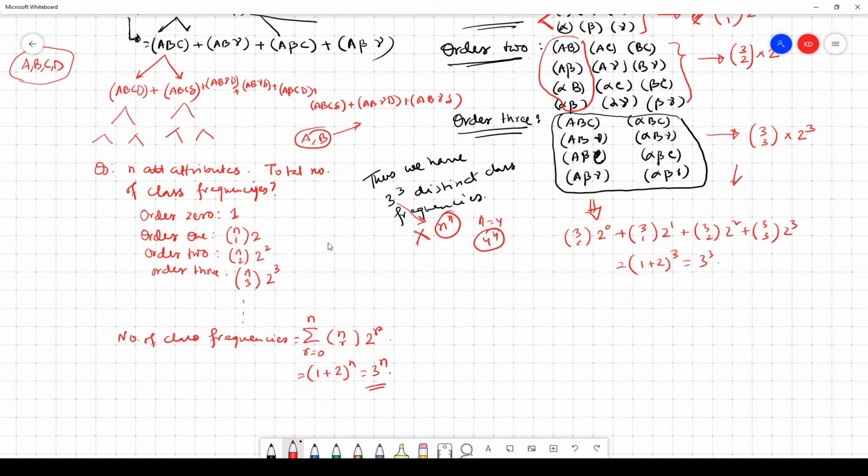Summation. This is the final. You need to simplify this. You know the binomial expansion.